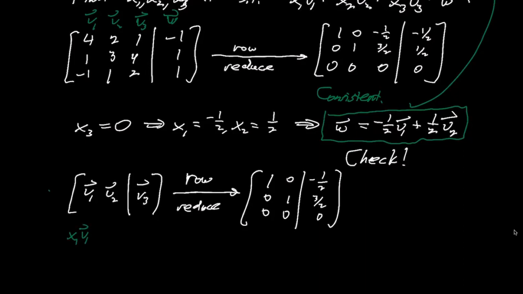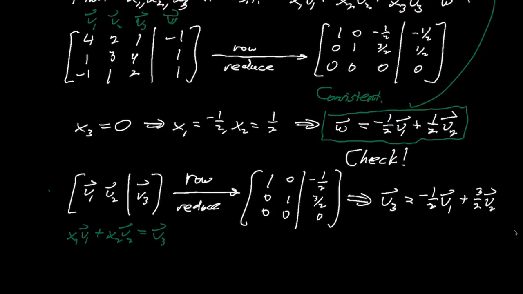V3. Okay. So this is really asking, is V3 a linear combination of V1 and V2? And the answer is yes, because this is still consistent. And so this means that V3 is in fact negative 1/2 V1 plus 3/2 V2.